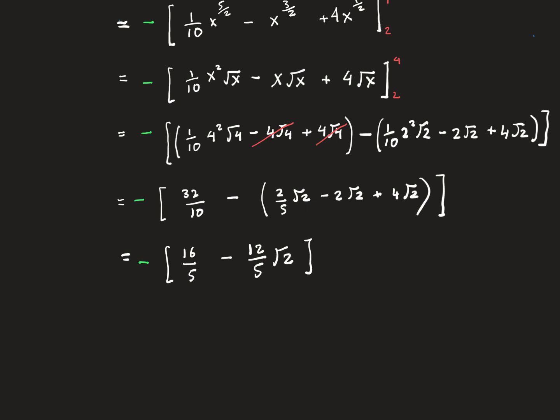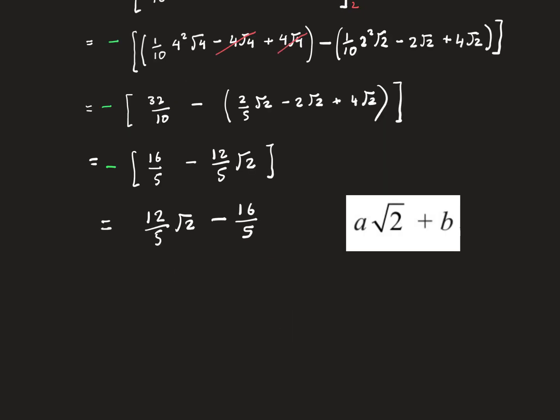Now we do have a negative sign in front, which means that we should now write this as 12/5 root 2 minus 16 on 5. And I believe this is the format that we have to do it in. And yes, I've taken it down, so that means that A is equal to 12/5 and B is equal to minus 16 on 5.